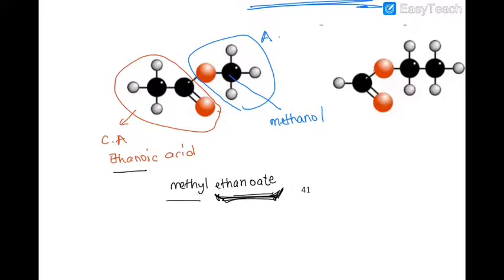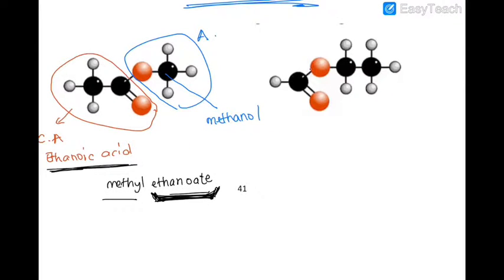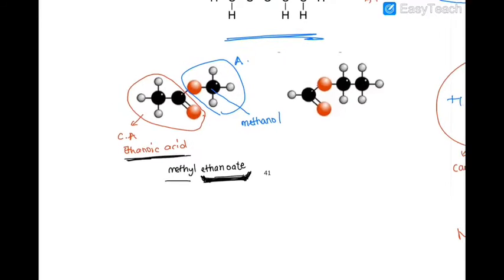So it's an acid, so it will have its corresponding salt. So the second part of the name is just the salt that is from the carboxylic acid. But an ester is not a salt. Far from that, there is no metal part in that. So it's not a salt. It's just for you to remember the naming.